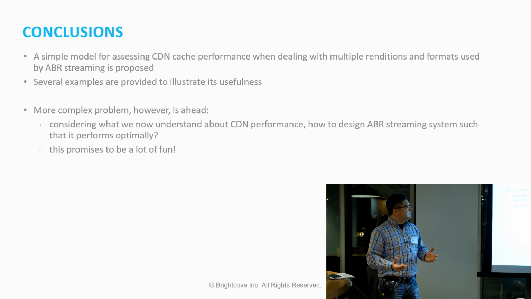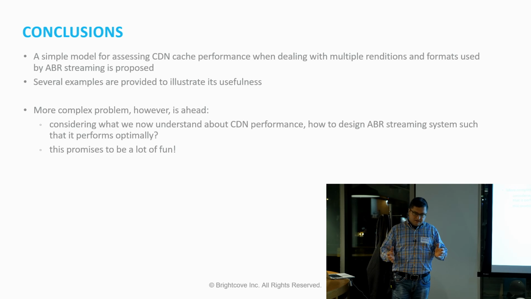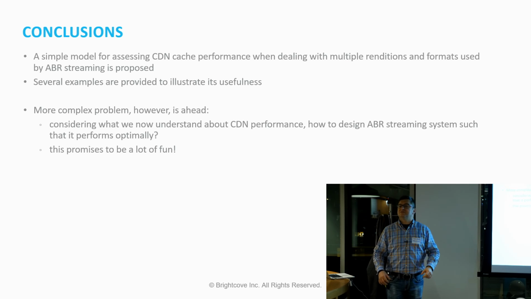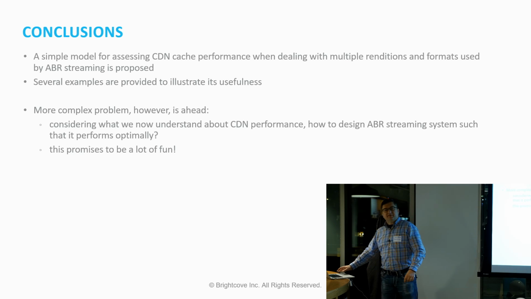And in my view, the addition of CDN happened in a somewhat ad hoc manner without due thinking about how this should be done optimally. And perhaps if we think deeper about it, if we use models and understanding of what actually will be cached, what will not be cached, what the impact of that will be on network bandwidth distributions, maybe we can design systems that work a lot better than what we have today. Thank you very much.